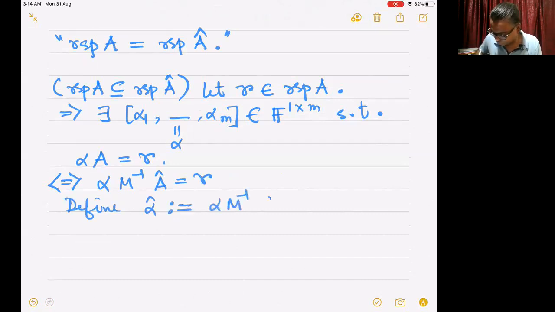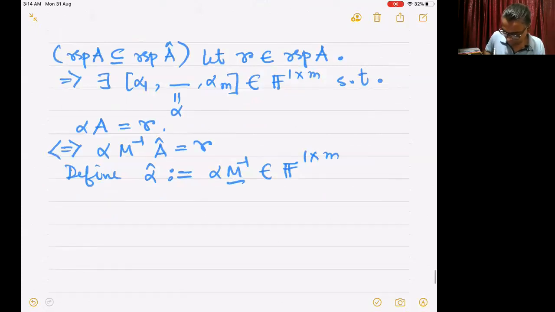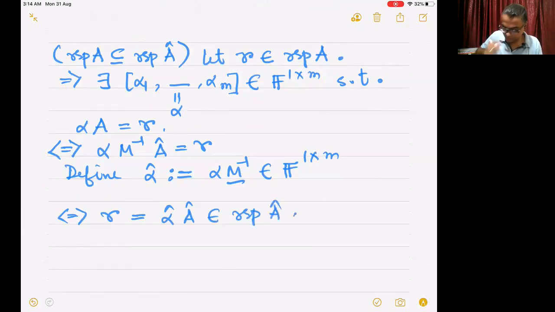Of course, this is also an element in F^(1 cross m), because M inverse is an m cross m invertible matrix. So this implies R is equal to alpha hat times A hat, which is of course an element in RSP A hat. That is what we wanted to prove.